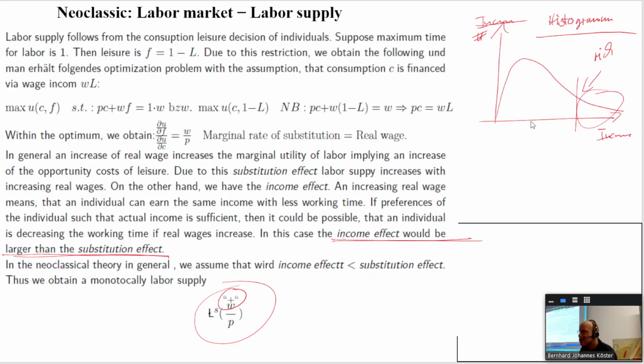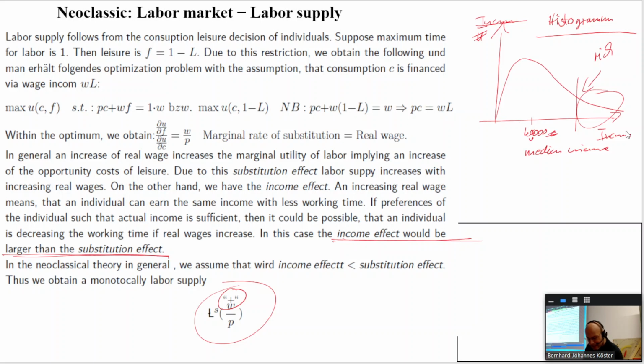Let's say in Germany, I think we have roughly per year a median income of about 40,000 euros. Well, this is a median income. If you split the income distribution in Germany, then 50% of the people have less than 40,000 euros per year, and 50% have more than 40,000 euros.